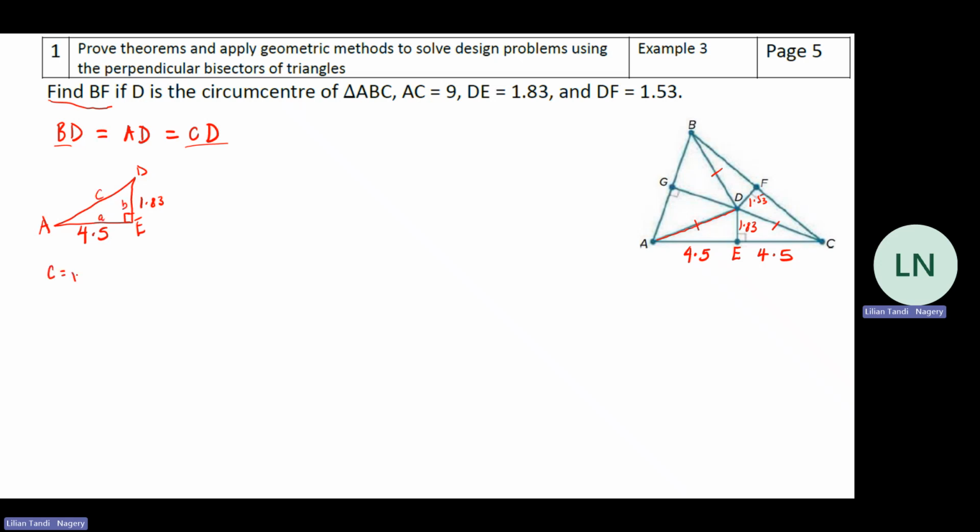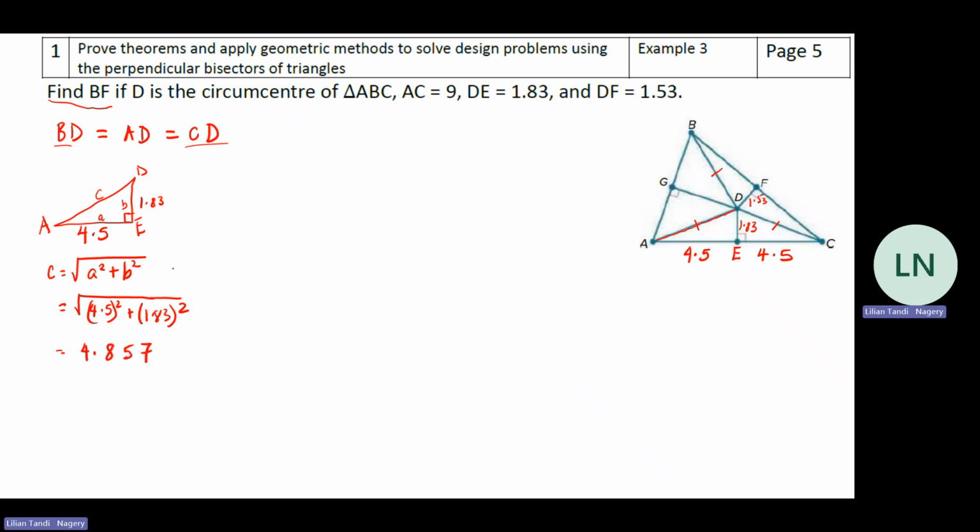So C equals the square root of A squared plus B squared. Now let's put our numbers. 4.5 squared plus 1.83 squared. Then I should get 4.857.